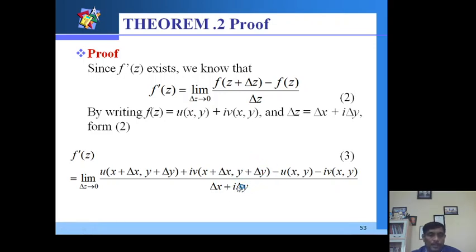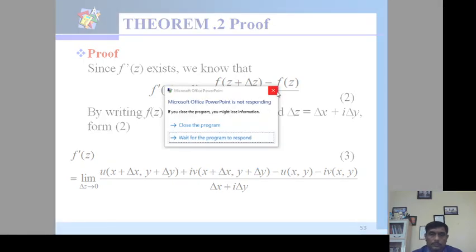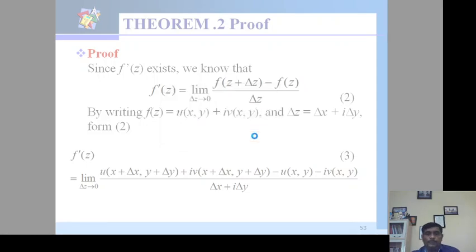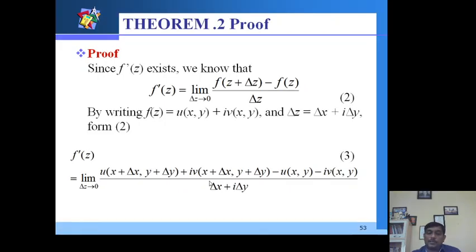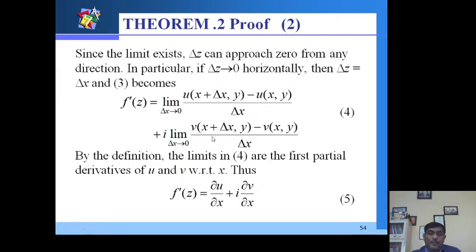Then the equation becomes the limit of u of x plus delta x comma y minus u of x comma y divided by delta x, plus I times the limit of delta x tends to 0 of v of x plus delta x comma y minus v of x comma y divided by delta x.